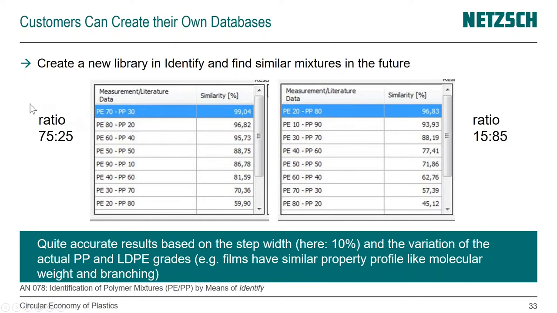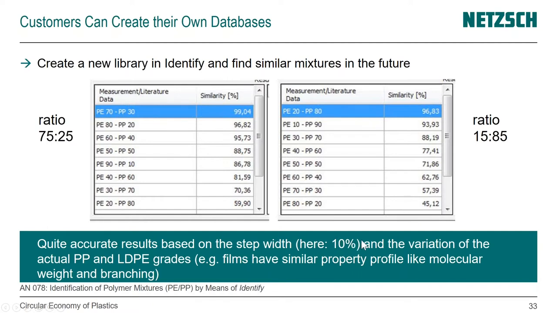And then when we have the curve of the 75-25 ratio, we get a very high similarity with the 70-30 and 80-20. So really the boundary mixtures that we have in the database. And the same works really well for the ratio of 15-85. So you can get quite accurate results based on the step widths.